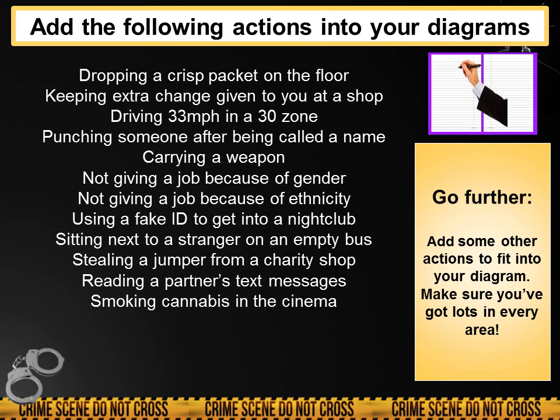Okay, so here are the acts that you need to put in your Venn diagram. So we've got dropping a crisp packet on the floor and not picking it up, keeping extra change given to you in a shop, driving at 33 miles per hour in the 30 mile per hour zone, punching someone after being called a name, carrying a weapon, not giving a job because of gender, not giving a job because of ethnicity, using a fake ID to get into a nightclub, sitting next to a stranger on an empty bus, stealing a jumper from a charity shop, reading a partner's text messages, smoking cannabis in the cinema.